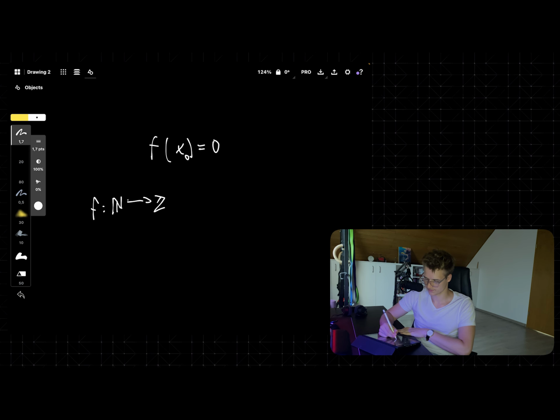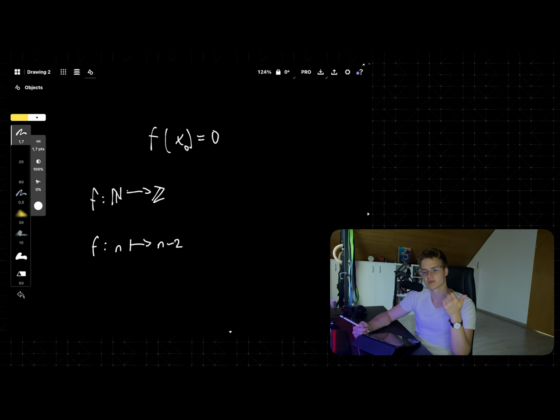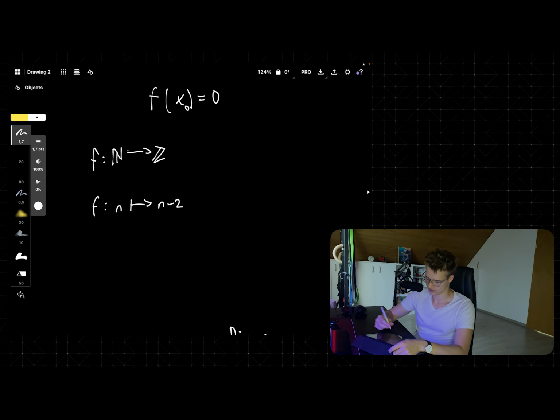And f maps from n to n minus 2. So 1 becomes -1, 2 becomes 0, 3 becomes 1, and so on and so forth.